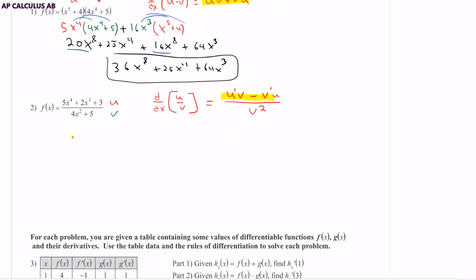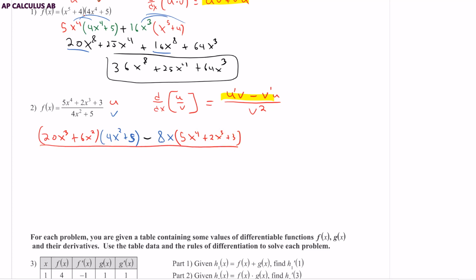u prime, the derivative of the top, is going to be 20x to the 3rd plus 6x squared. And we're going to multiply that by v, which is 4x squared plus 5. And then we're going to subtract the derivative of the bottom, which is 8x, and that has to be multiplied by the top, which looks like that.